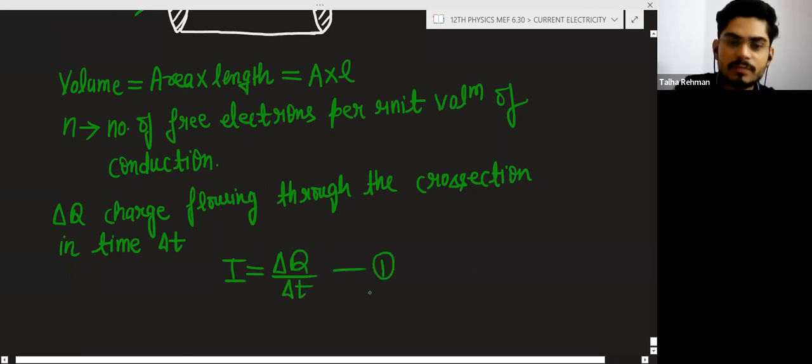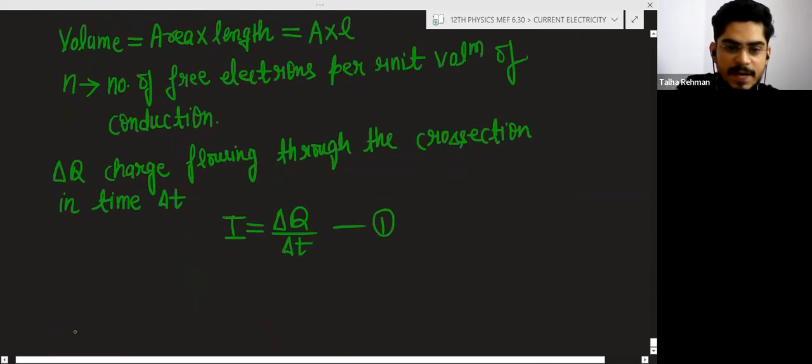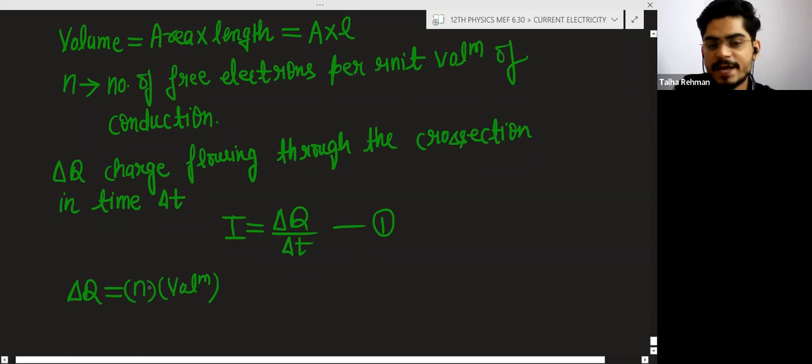For finding the charge flowing from this cross section, let's say delta q will be small n into volume, the total amount of charge, and n is the number of electrons per unit volume.